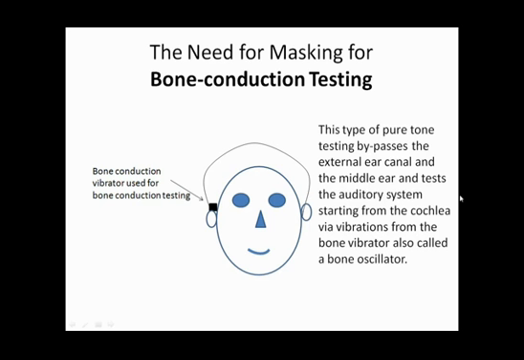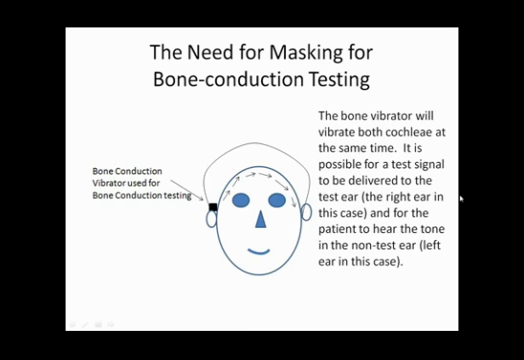This type of pure tone testing bypasses the external ear canal and the middle ear and tests the auditory system starting from the cochlea via vibrations from the bone vibrator, also called a bone oscillator. The bone vibrator will vibrate both cochleae at the same time. It is possible for a test signal to be delivered to the test ear, the right ear in this case, and for the patient to actually hear the tone in the non-test ear, the left ear in this case.